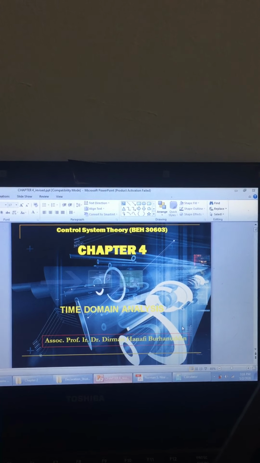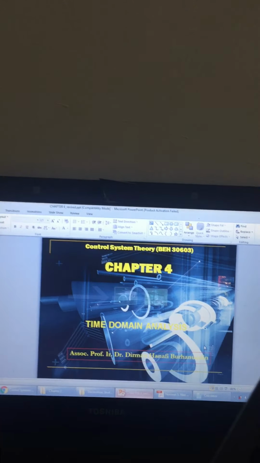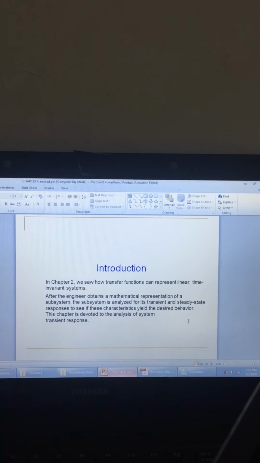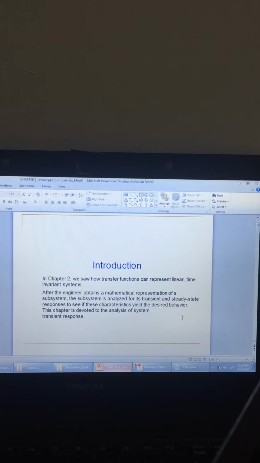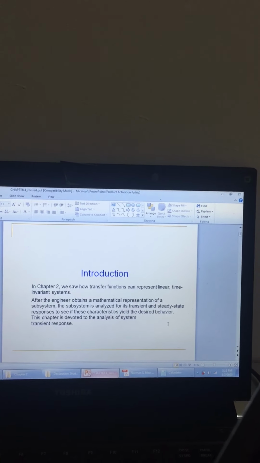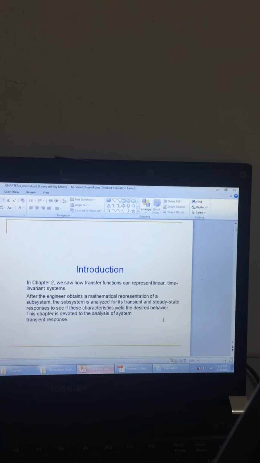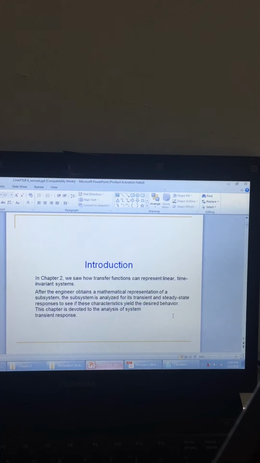Today we want to start time domain analysis, which is chapter 4. So far we have learned how to do the mathematical modeling of a control system from chapter 2.